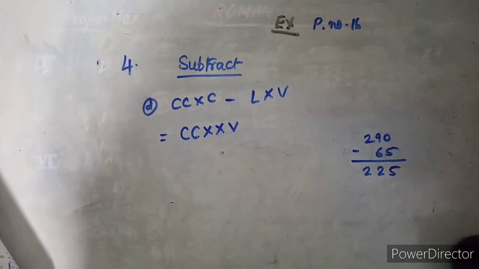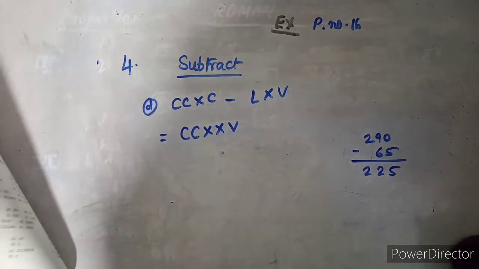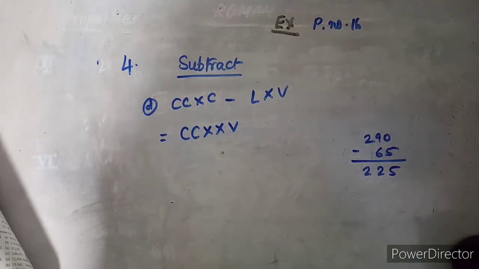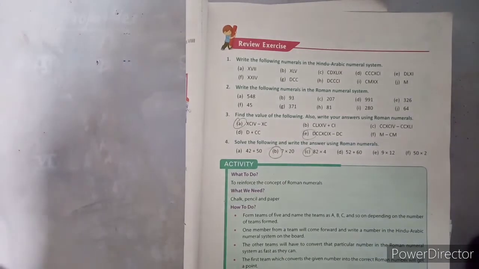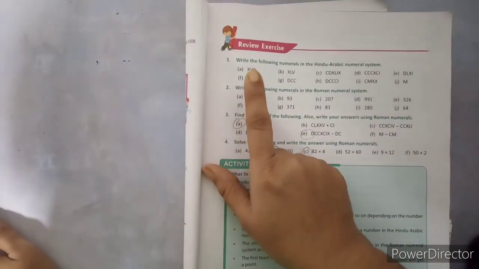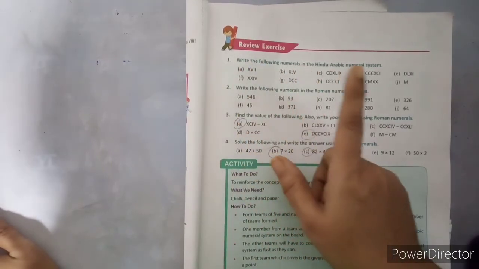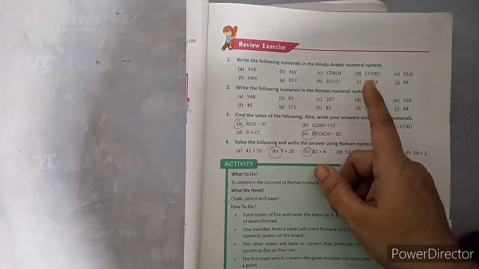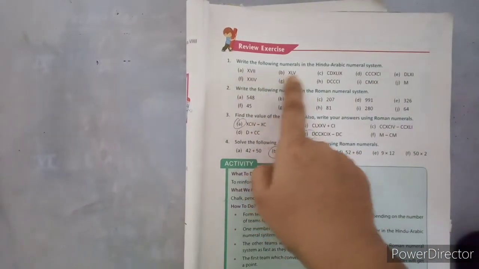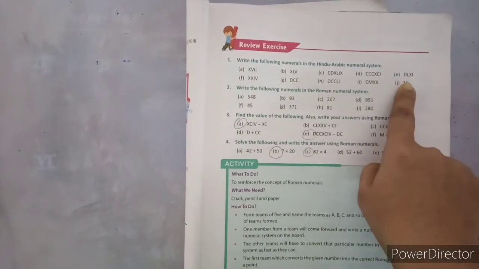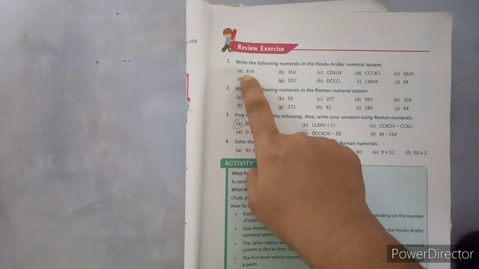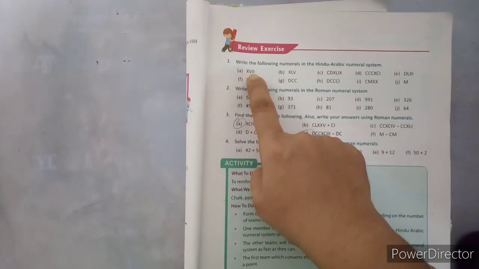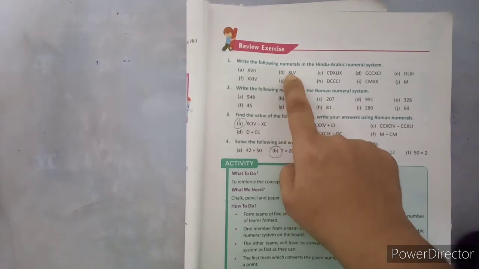So with this we end up with the exercise. Now you have the review exercise. See, you have been given: write the following numerals in the Hindu-Arabic numeral system. You have been given Roman numerals and you have to convert them into the Hindu-Arabic numeral system. Now here you can see that it will be 17. Here 45, isn't it?